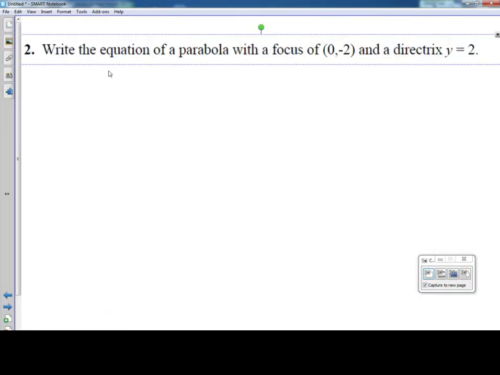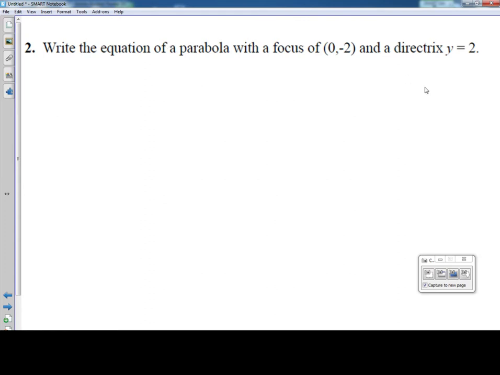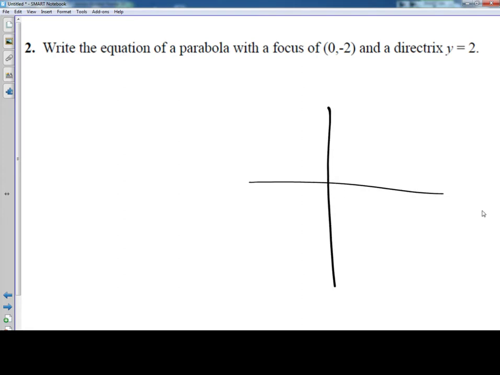Okay, so write the equation of a parabola with a focus of (0, -2) and a directrix of y equals 2. So (0, -2) is my focus, and my directrix is y equals 2.